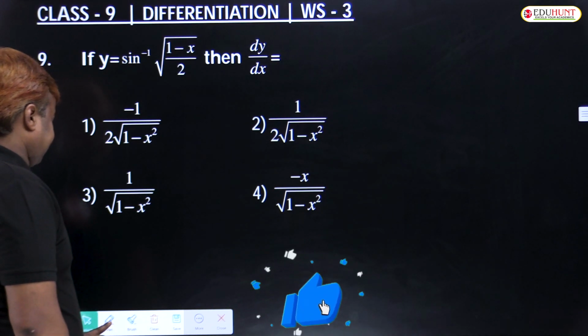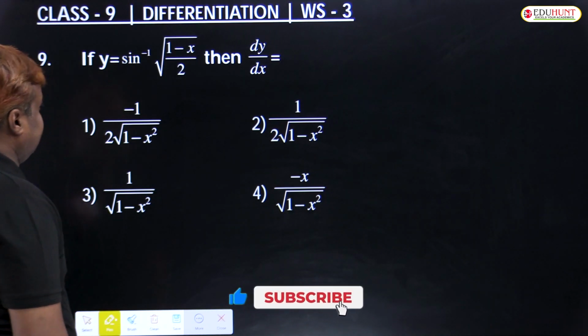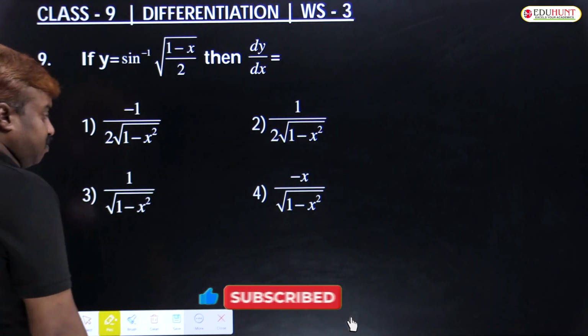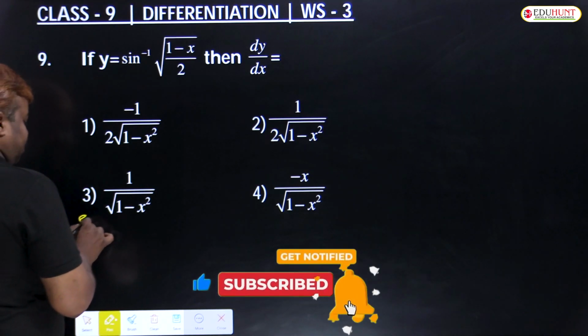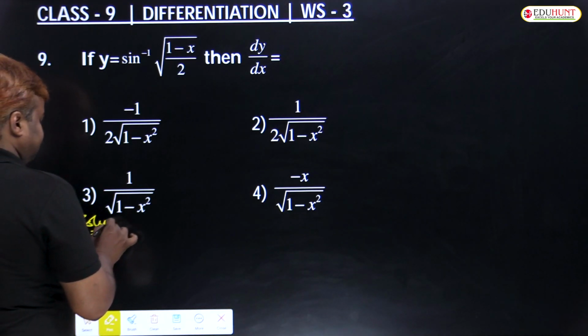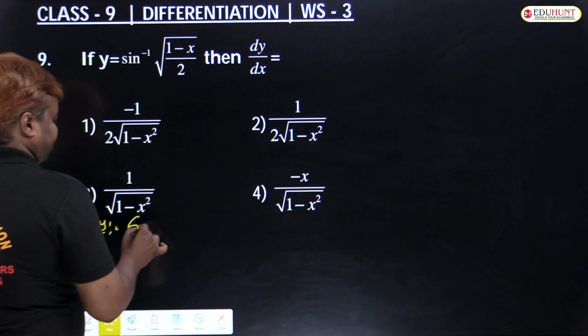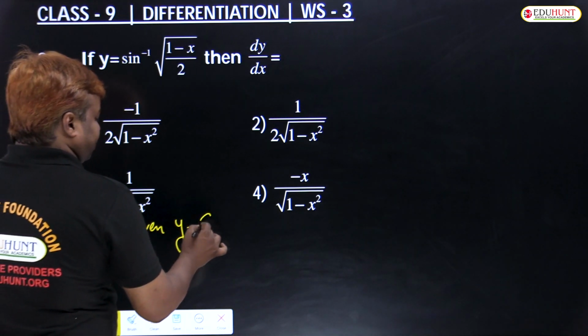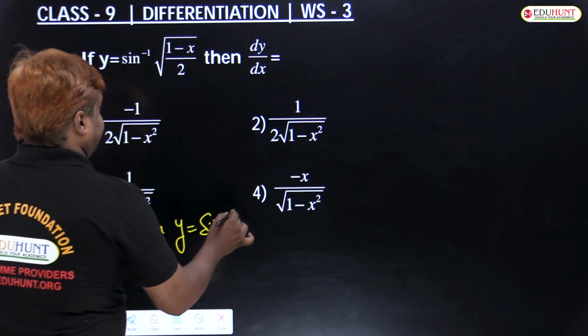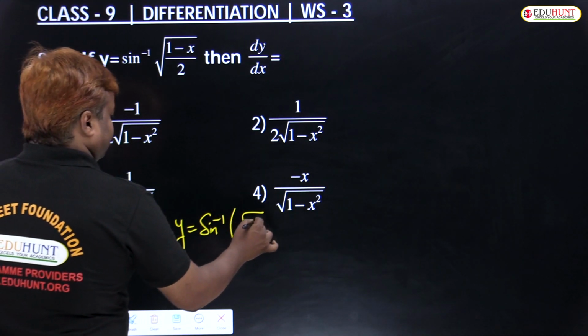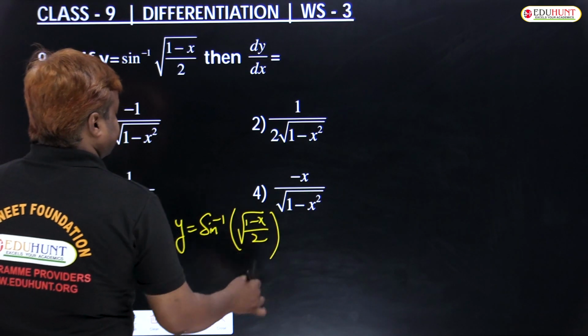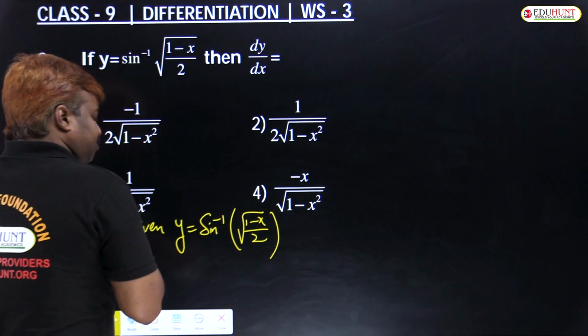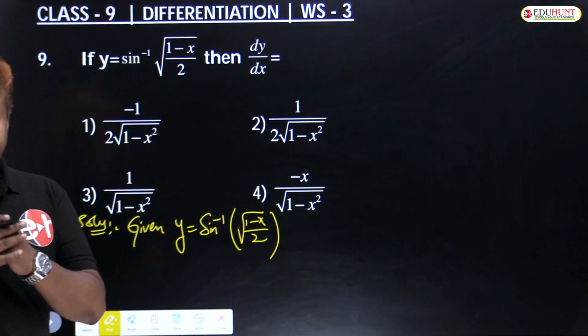Question number 9. Here I am writing the solution. Given y is equal to sin inverse of root over 1 minus x by 2. That means sin inverse of x.